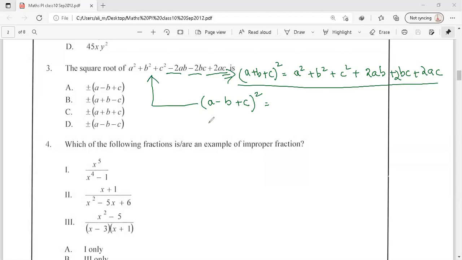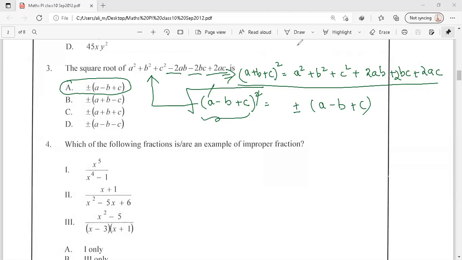If we expand this formula, we will get the expanded form that is in our question. So let's take the square root of this expression. So square and root will be cancelled out. So we will get plus minus a minus b plus c. So option A is the right answer of this question.